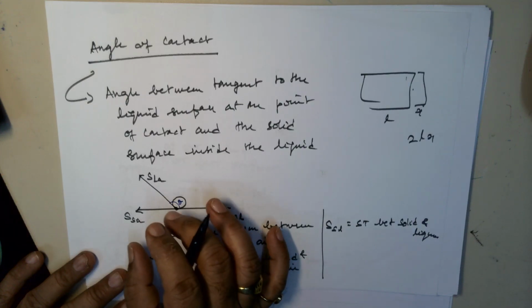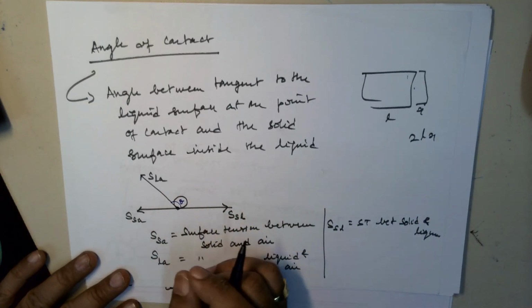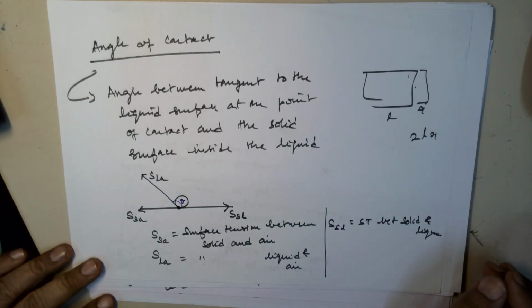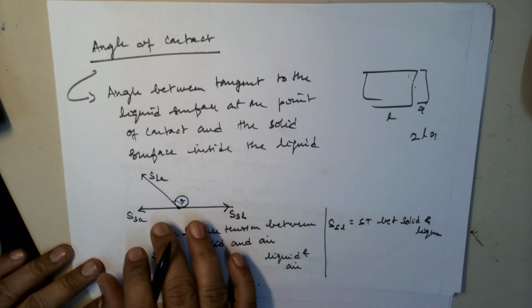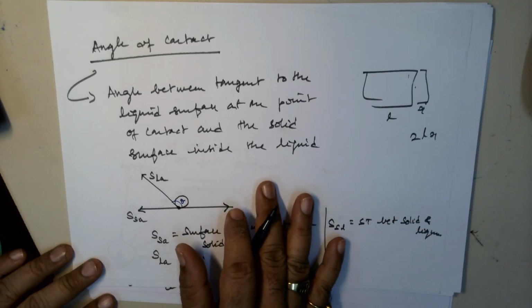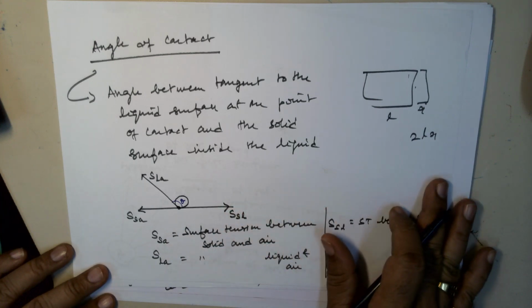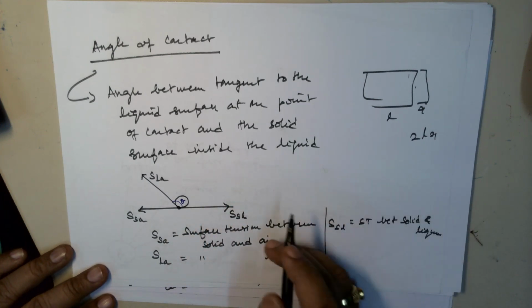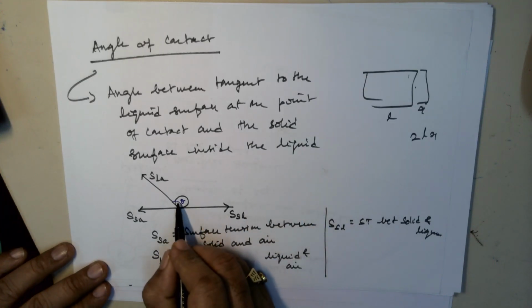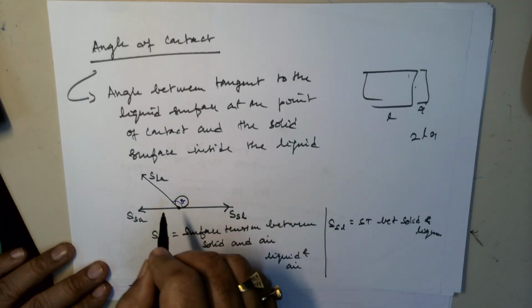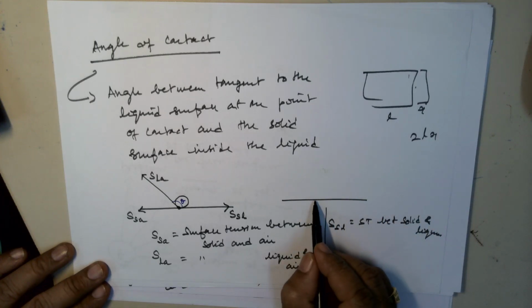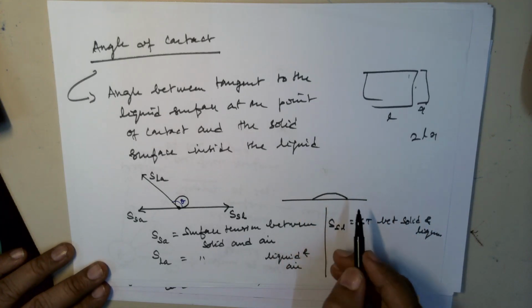So water forms droplets on a lotus leaf like this, while it spreads over a clean plastic plate. In the case of a plastic plate it won't be spherical as in the lotus; it will be spreading like this.